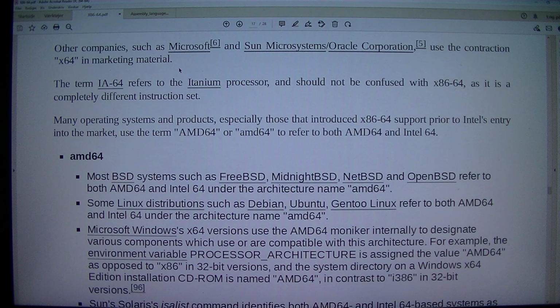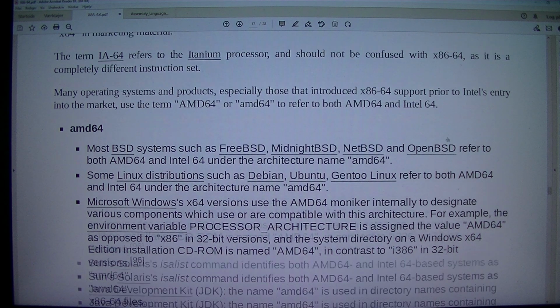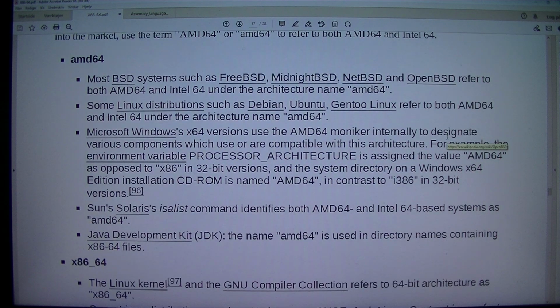The term IA64 refers to the Itanium processor, and should not be confused with x86-64, as it is a completely different instruction set. Many operating systems and products, especially those that introduced x86-64 support prior to Intel's entry into the market, use the term AMD64 to refer to both AMD64 and Intel 64.